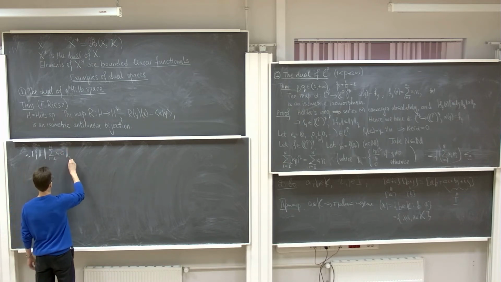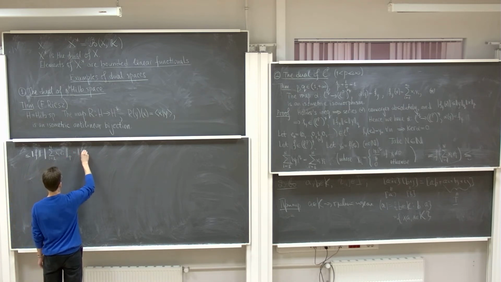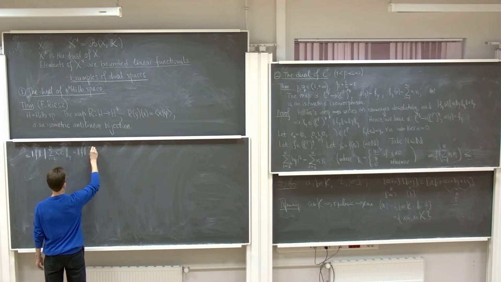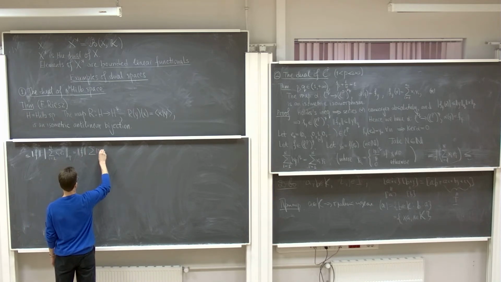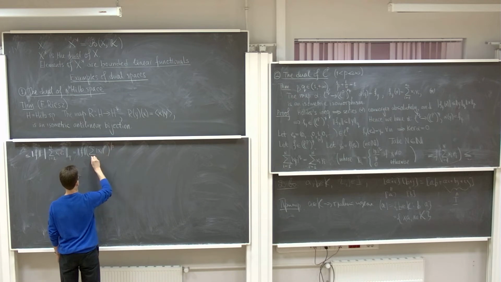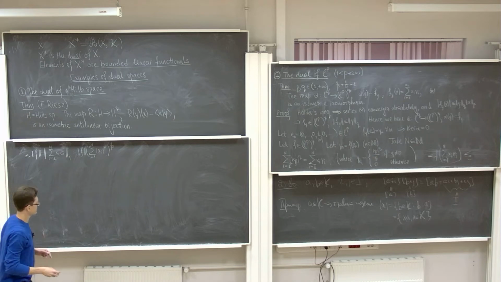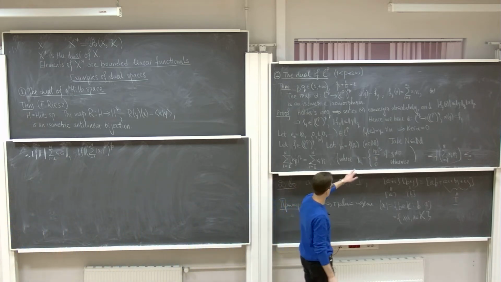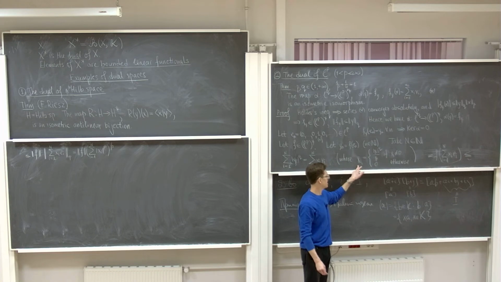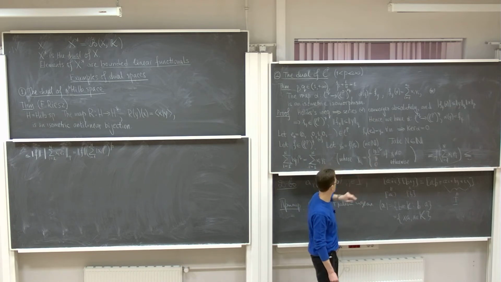So this is the l_p norm. But what is this? This is the following sum, x_i to the power p, and to the power 1 over p. This is the l_p norm of this vector. Now we look here, and we conclude that x_i to the power p is y_i to the power q minus 1, multiplied by p.